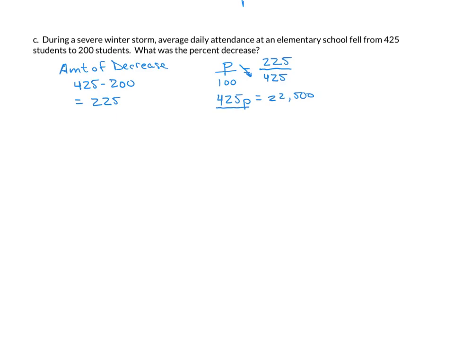If we divide by 425, we get P equals 52.94, and it does keep going, percent. If we go ahead and round this, let's go ahead and round to the nearest whole number. We get P equals 53%.